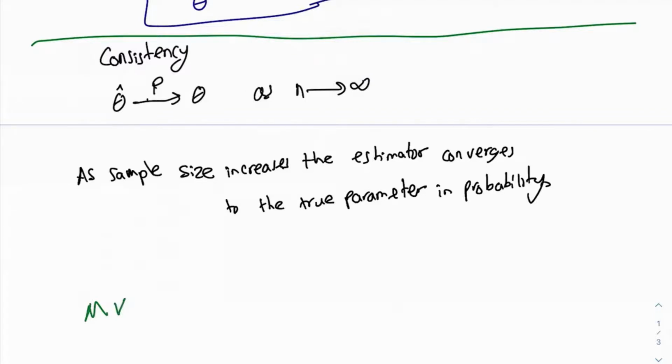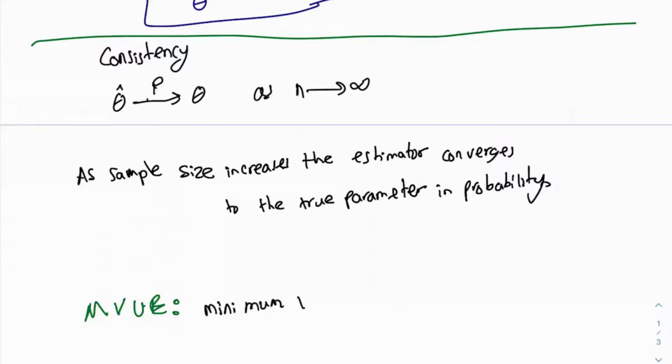Now there is a term here that I would like you to know. It's called the minimum variance unbiased estimator, MVUE. You will hear this term in estimation theory a lot.